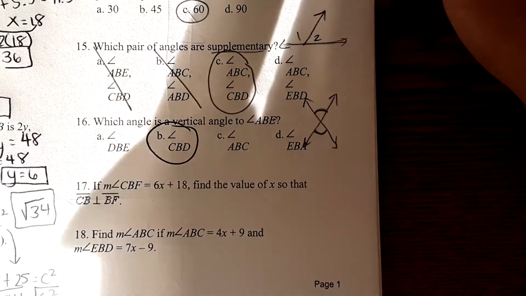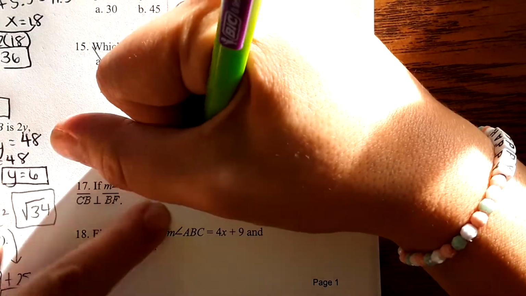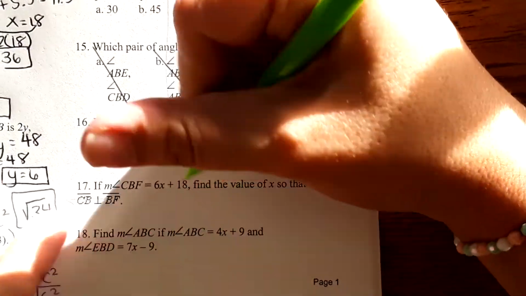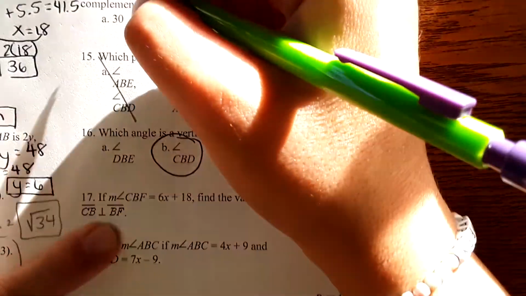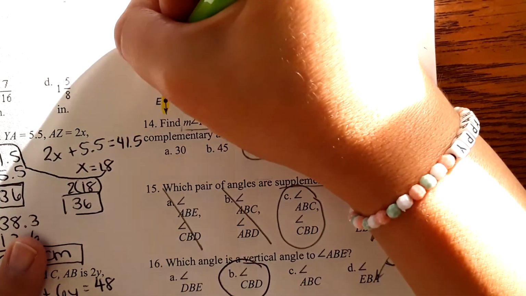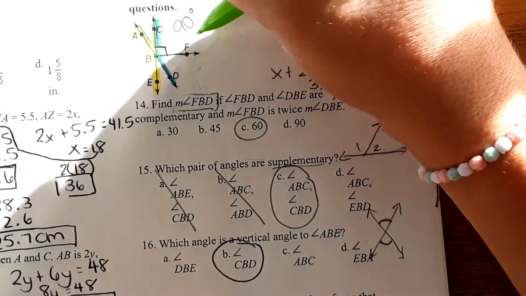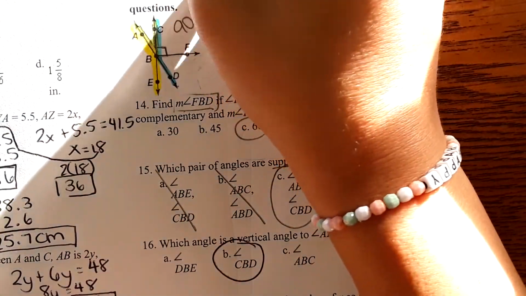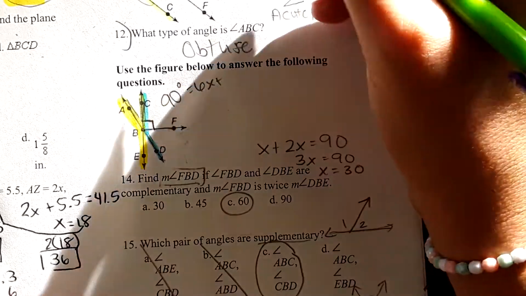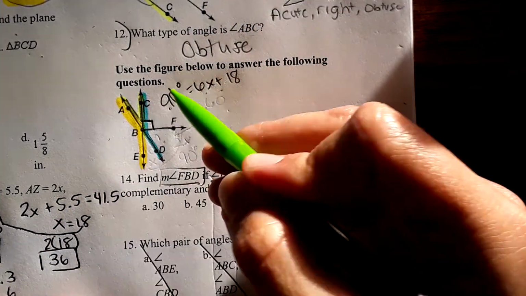Okay, only a couple more. If the measure of CBF is 6x plus 18, find the value of x so that CB is perpendicular to BF. Again, looking at this, CB is perpendicular to BF. It's saying that this is a right angle, meaning that it's equal to 90 degrees. So all we have to do is set that equal to 90.